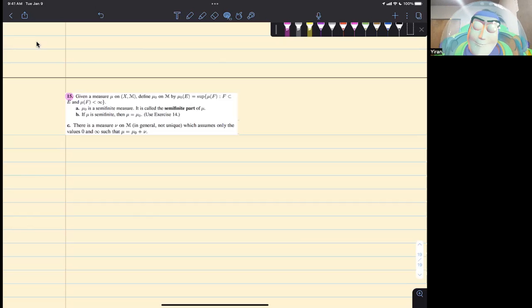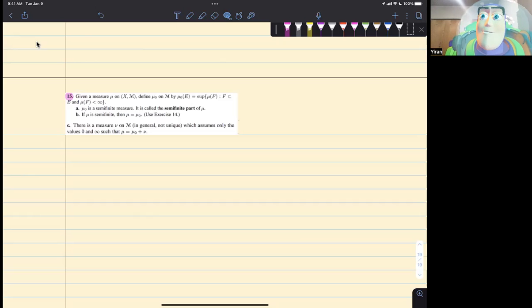So it is a collection of disjoint sets. And what else do we know? Since mu f is finite, that implies mu of fj is finite for every j.